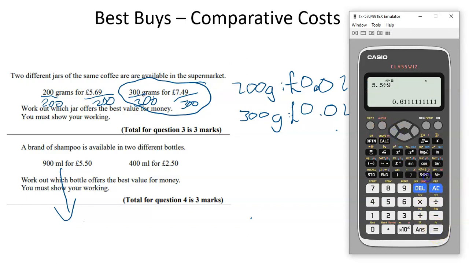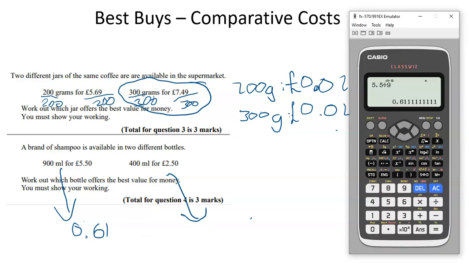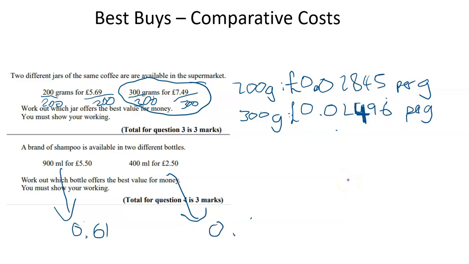It doesn't make a difference really in the grand scheme of things. 0.61 recurring. I'll just put 0.61. That's for 100 mil. And then this one, if we do the exact same thing, we do 2.5 divided by 4, and we get 0.625. So obviously 0.611 is smaller than 0.625, so in this case, again, the larger one is better, as in it's better value for money.